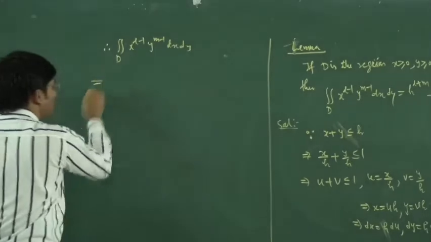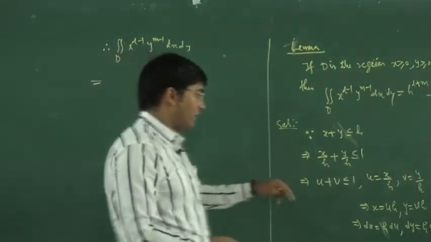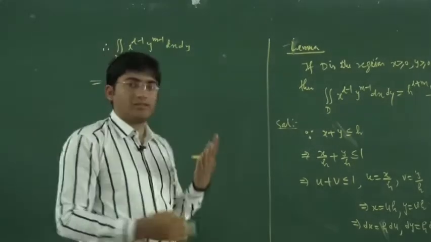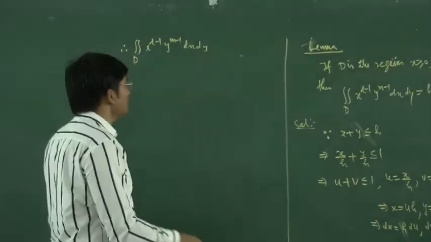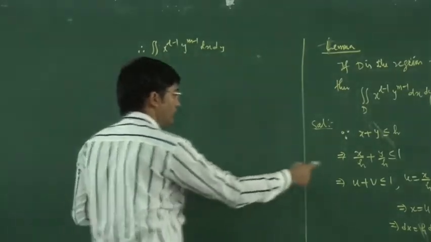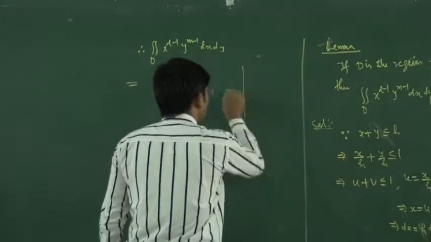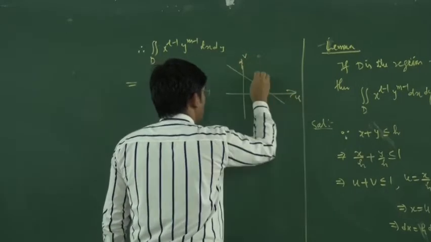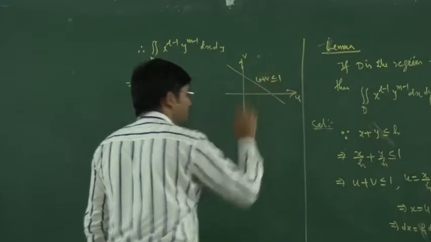Now here we have u plus v less than or equal to 1, so that means I have transformed my x axis, y axis into u axis, v axis by substituting the values of u and v. So if this is your u axis and this is your v axis, we have u plus v less than or equal to 1.